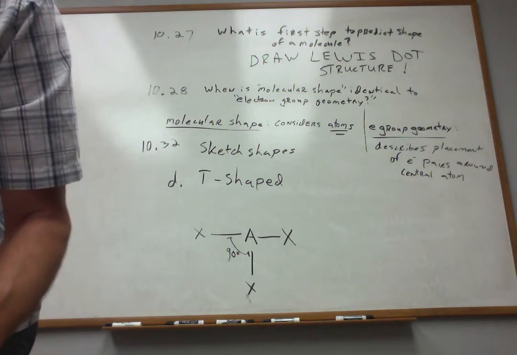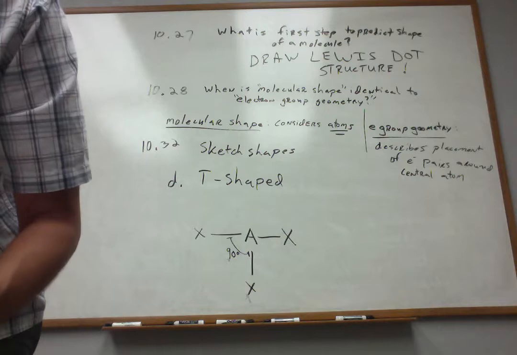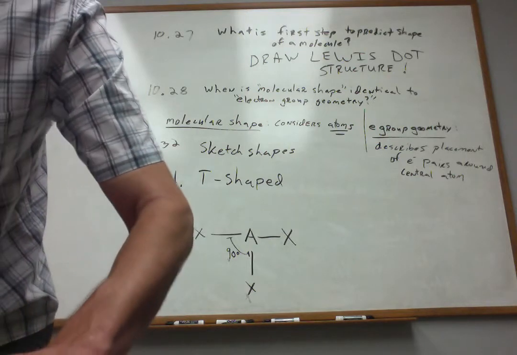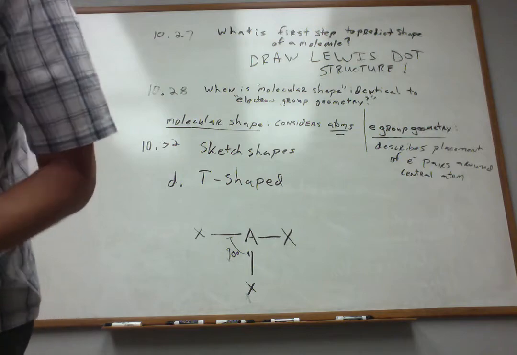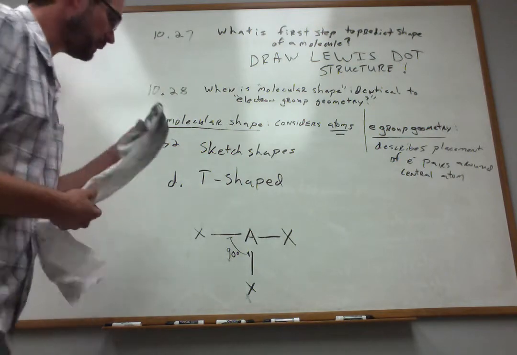What else do we have? Trigonal pyramidal. Okay, trigonal pyramidal is one of our base tetrahedral geometries. Let me erase this.